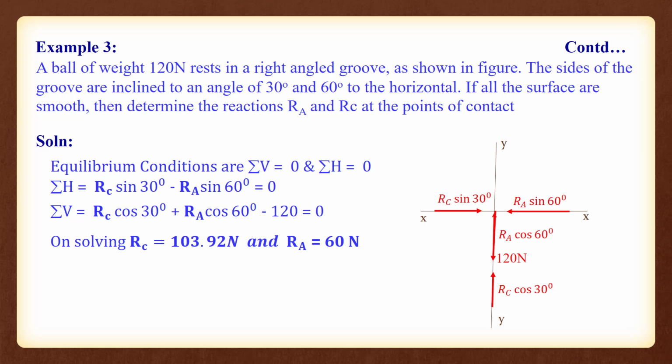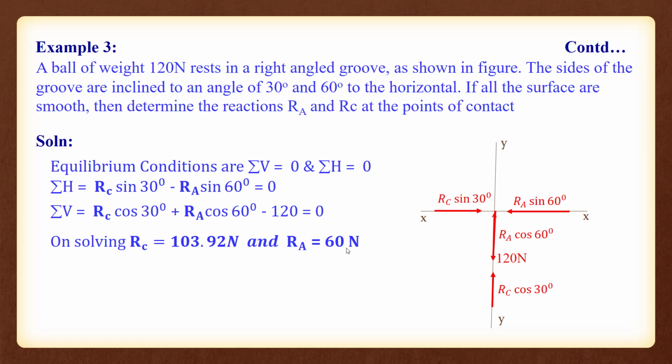So all the forces acting in the upward direction will be taken as positive and the force acting in the downward direction will be taken as negative. So RC cos 30 plus RA cos 60 minus 120 is equal to 0. So we have two equations with two unknowns RA and RC. On solving these equations, we will get RC equal to 103.92 Newton and RA is equal to 60 Newton.